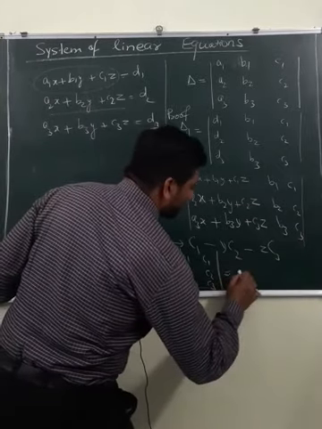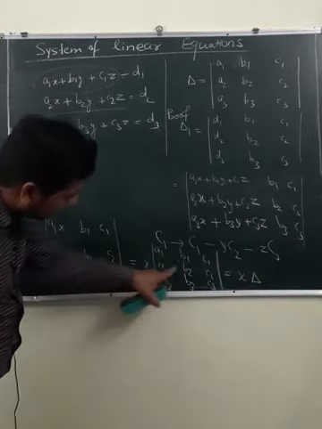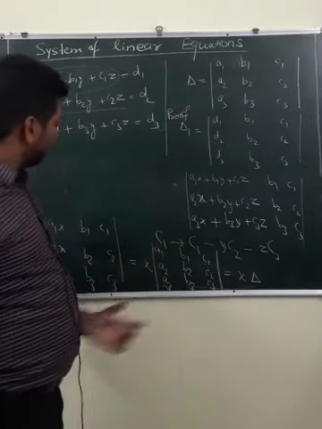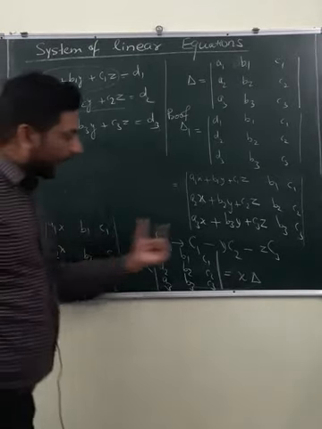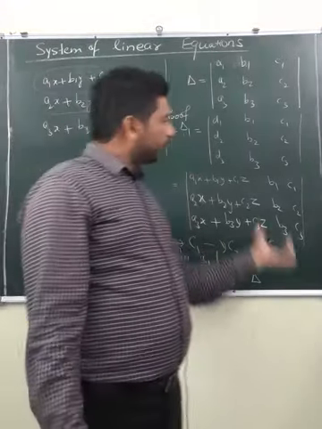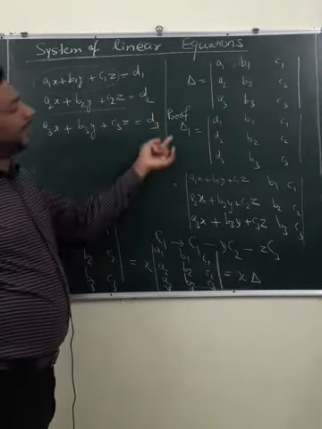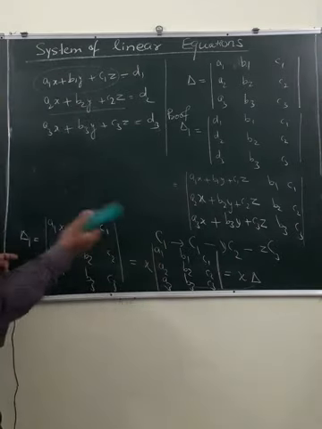And this is our x into delta. This is the delta, x into delta. Hence, we have proved Cramer's rule. So delta 1 is equal to x delta. Similarly, if we write D1, D2, D3 in delta 2, we will prove delta 2 is equal to y delta.